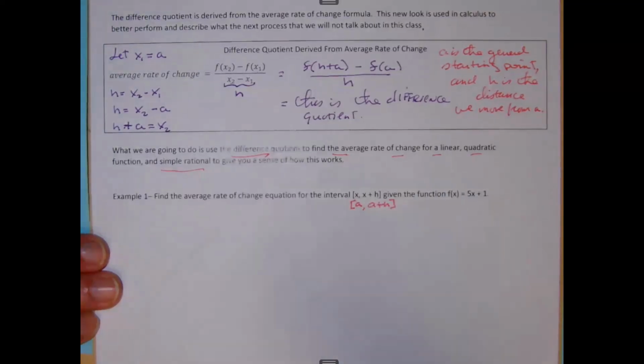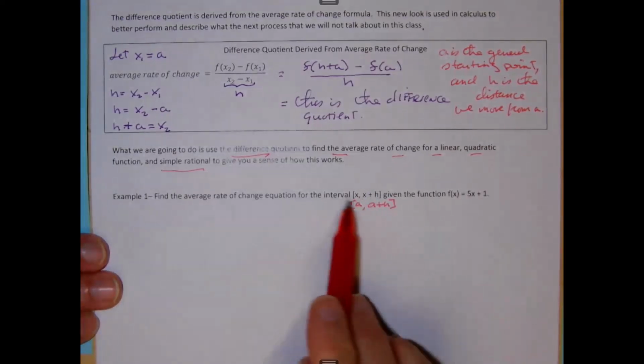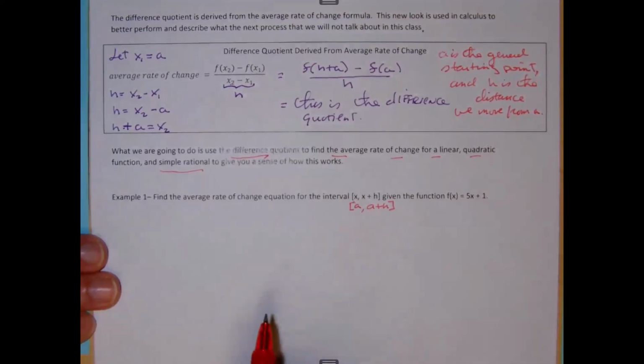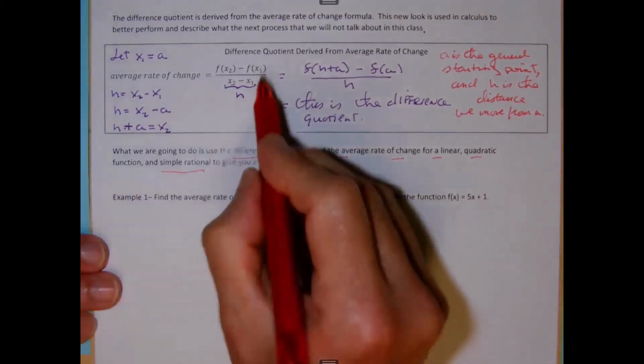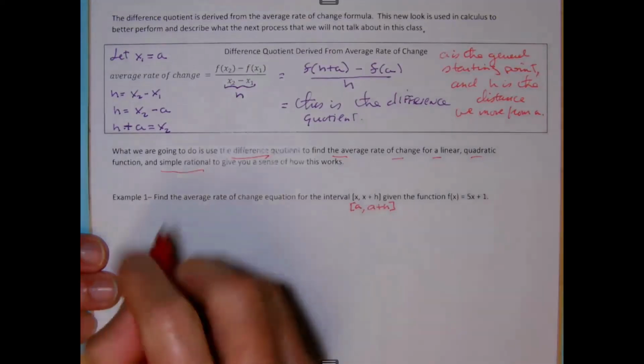Look at my starting point plus a distance. These are locations on an interval, so that's what this is saying. Let's actually do it from that perspective. I'm going to use this equation just to get you to see that no matter how you're looking at it, it's sort of the same thing.